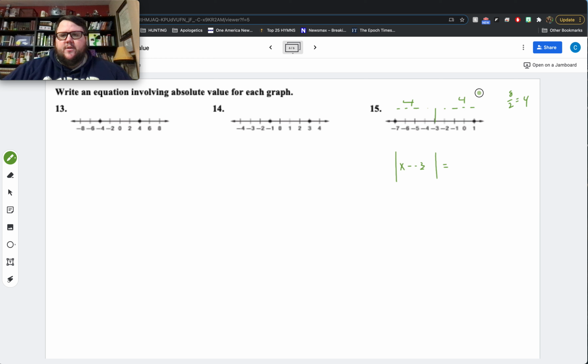So whatever my units away from the point I'm talking about, that's what my answer is here. So I have x minus -3 in parentheses equals 4. But if you recall, when we have subtracting a negative, we change that to a plus. So my answer is x plus 3 equals 4.